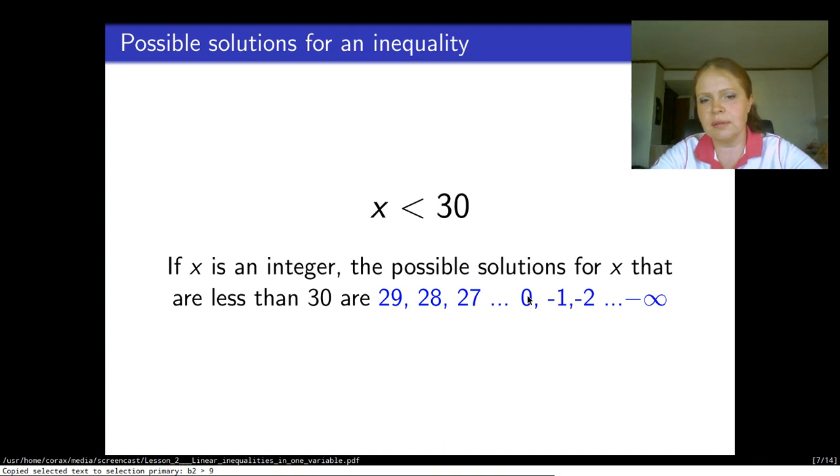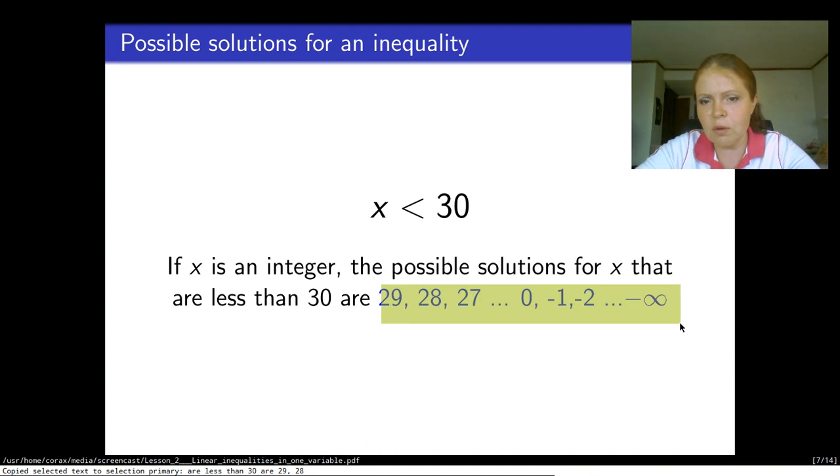It's easier right now to find the solutions. For this inequality, all of these blue numbers are solutions. All of these numbers make this inequality a true statement.